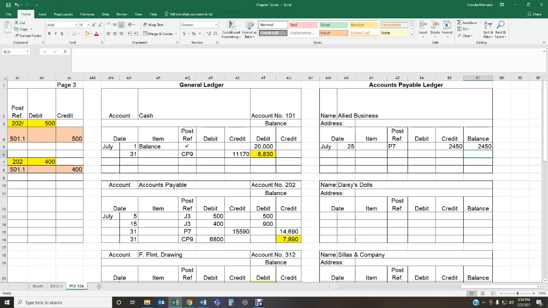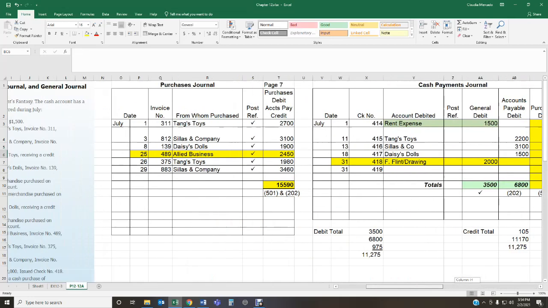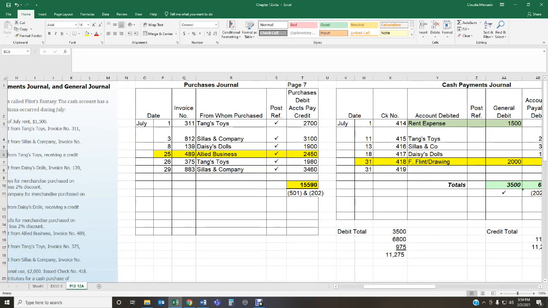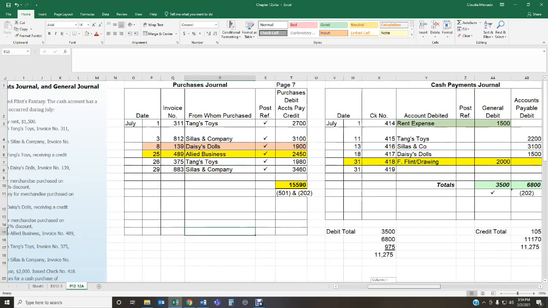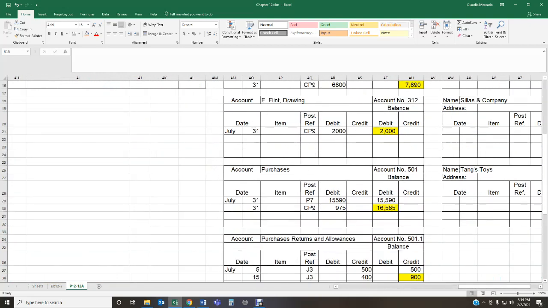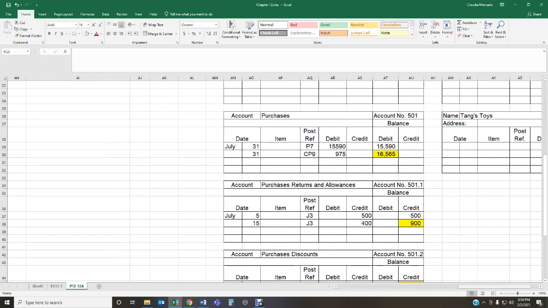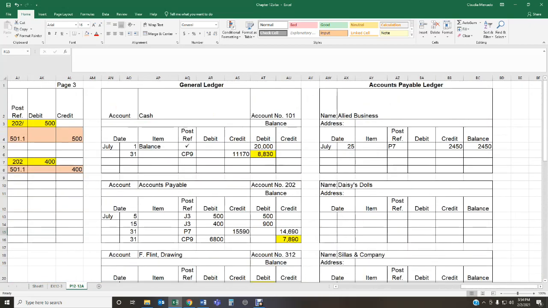So now we're going to look for Daisy's Dolls. Okay, Daisy's Dolls, we have $1,900 right there, on the 8th. That's Purchases Journal 7, and this is happening on July the 8th.